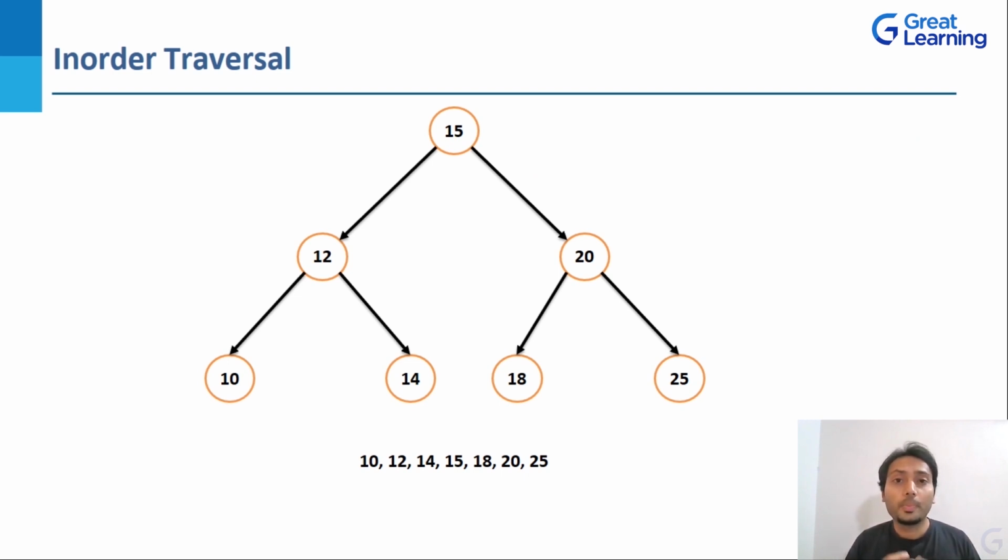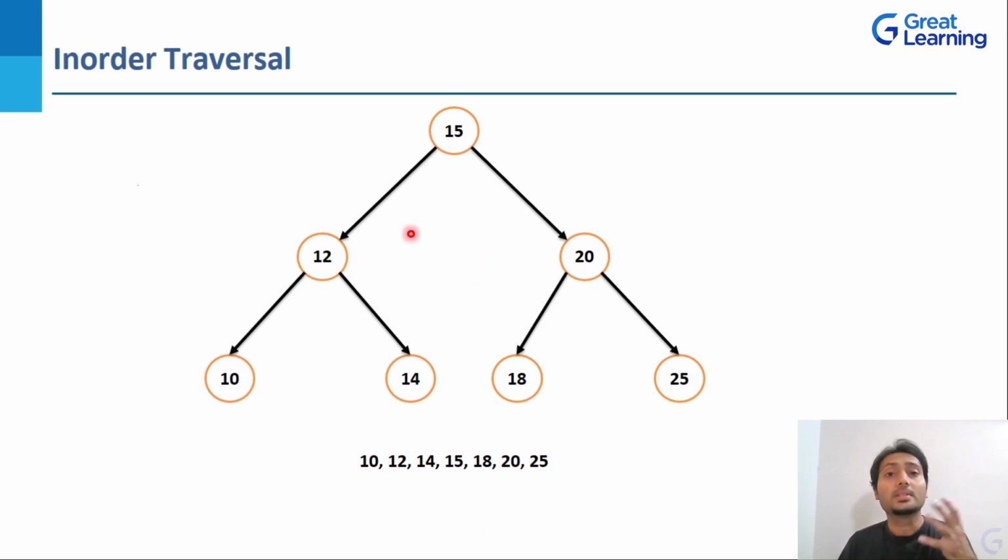Now we want to perform in-order traversal on this tree. So just observe the tree and be with me to understand this example. At the root node we have 15, on the left side of the root node we have 12, and on the right side we have 20. These two are also left and right subtrees, as we know.